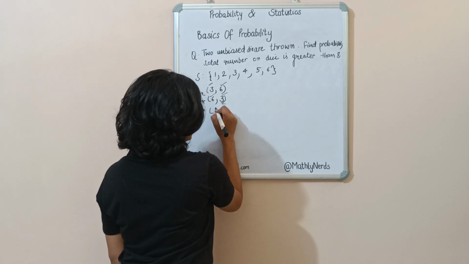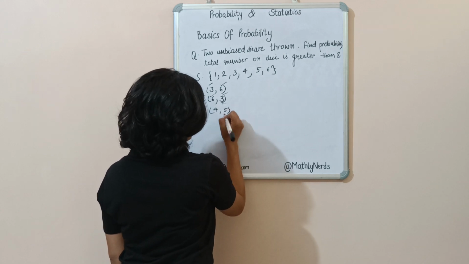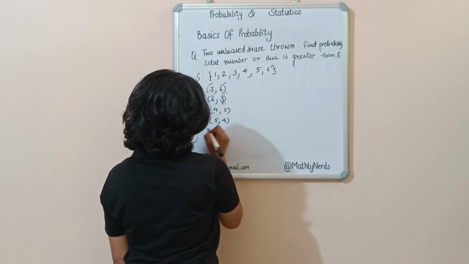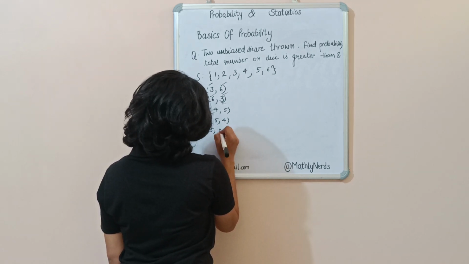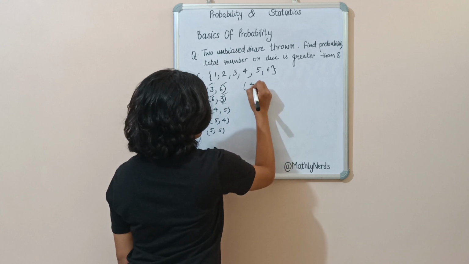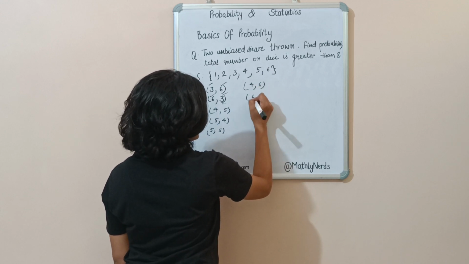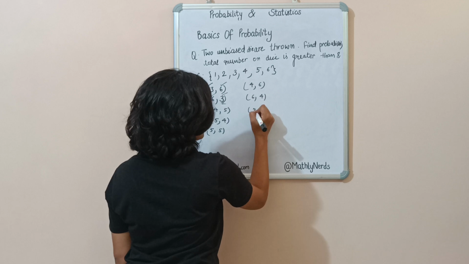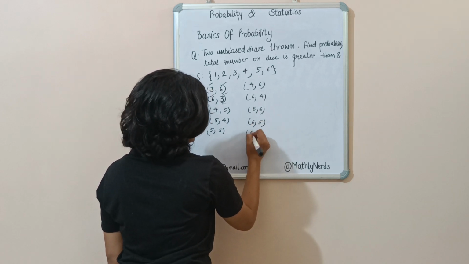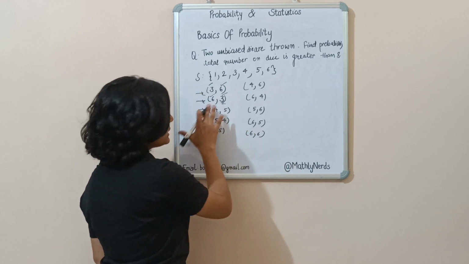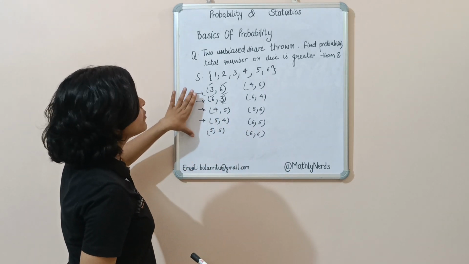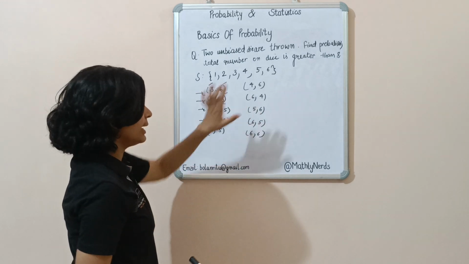Now our next are 4, 5, 5, 4, 5, 5, 4, 6, 6, 4, 5, 6, 6, 5 and 6, 6. These are the pairs for which the sum of both numbers is greater than 8.